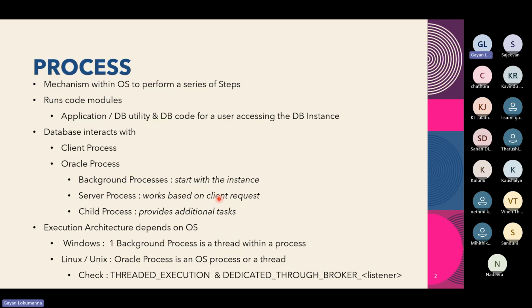If you take, for example, the Windows environment, you will find the Oracle service as just one process running in the operating system, maybe through Task Manager, where you may find it as oracle.exe or something. And if you go to the services category as well, you will find that process coming up.